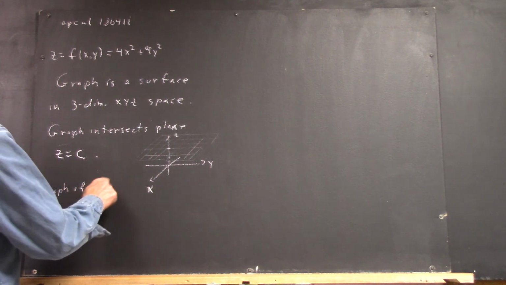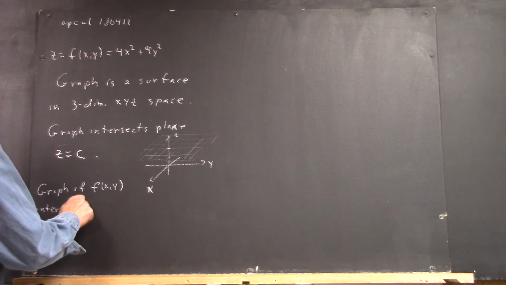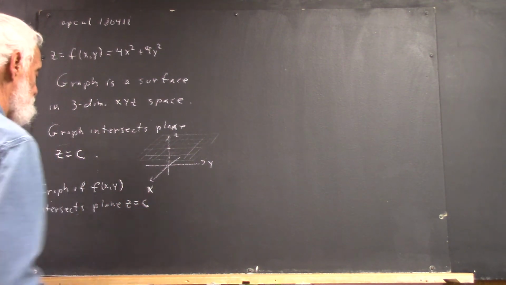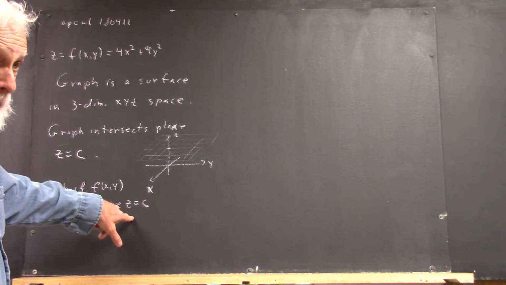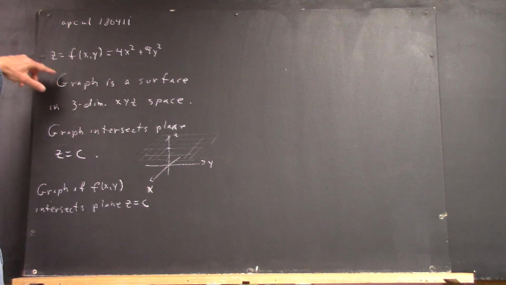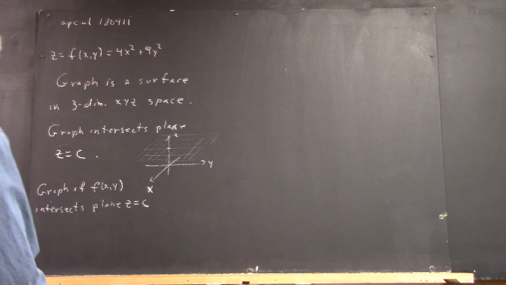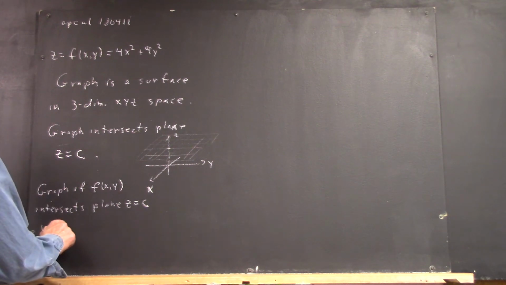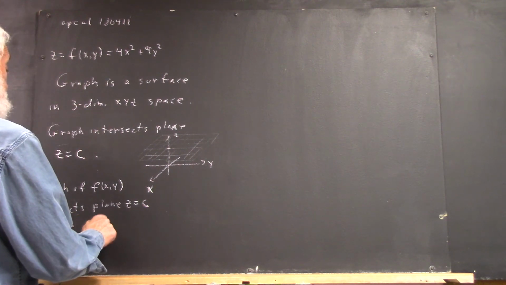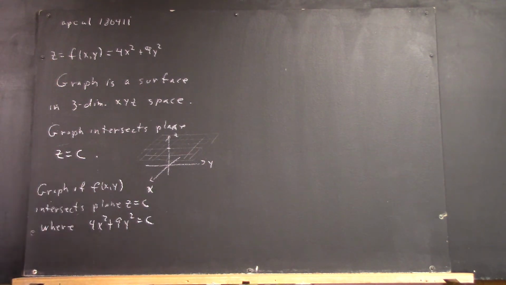I'll say the graph of f of x, y intersects the plane z equals C. Well, since this graph is defined to be the set of points where z equals 4x squared plus 9y squared, so z equals C and z equals this, we get 4x squared plus 9y squared equals C, right?